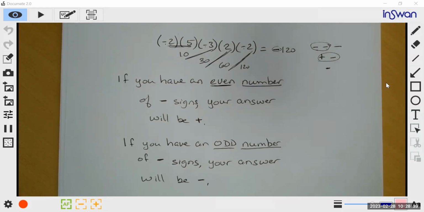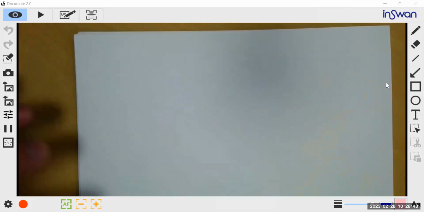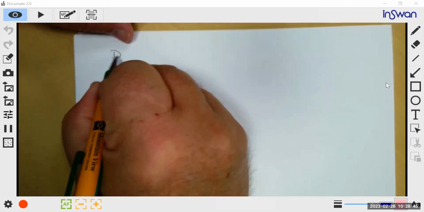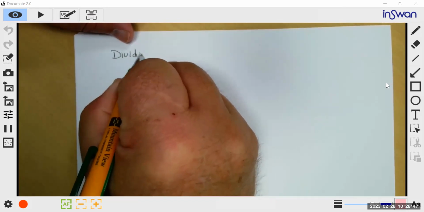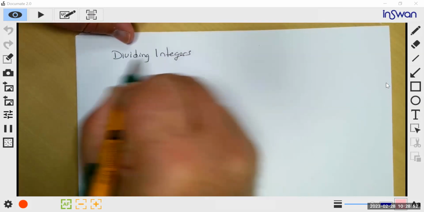So far, so good. Let's look at division. Dividing integers.